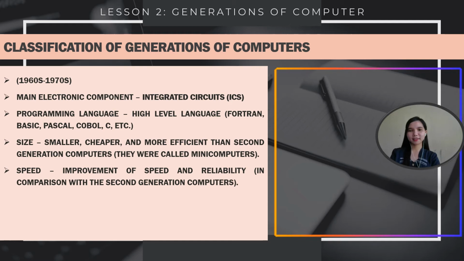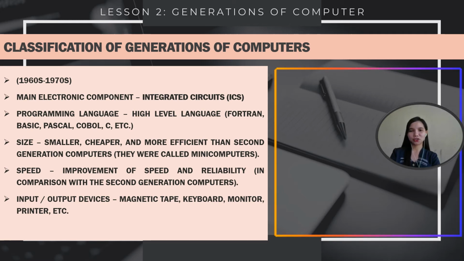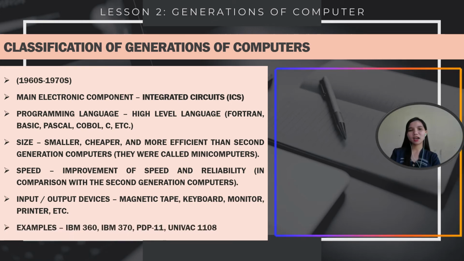And of course the speed, guys, improved and was much more reliable in comparison with the second generation computers. The input and output devices were still magnetic tape, and now also keyboard, monitor, and printer. Examples are IBM 360, IBM 370, PDP-11, and UNIVAC 1108.